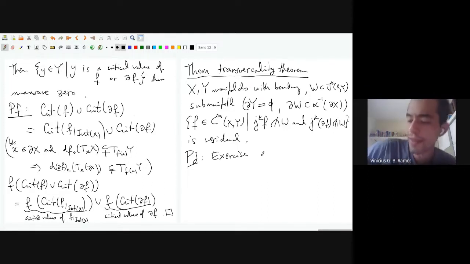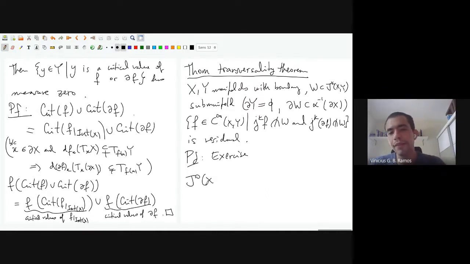And the main thing that you have to be careful about, you can already see if you look at zero jets. When you look at zero jets, the zero jet space of X and Y is X times Y. And you have to see what happens with X times Y: if both of them have boundary, then the product is no longer a manifold with boundary.